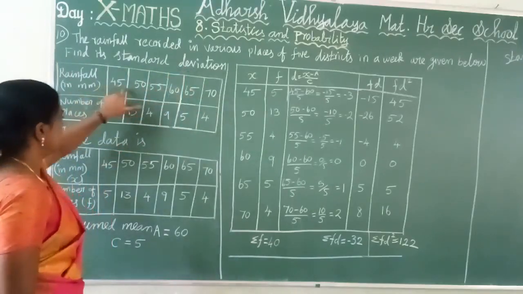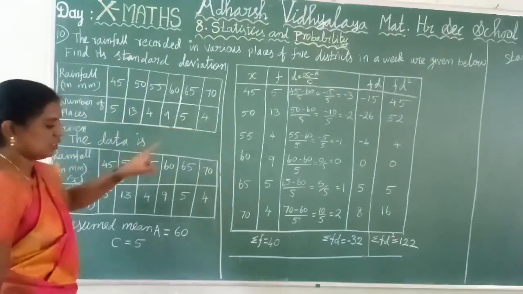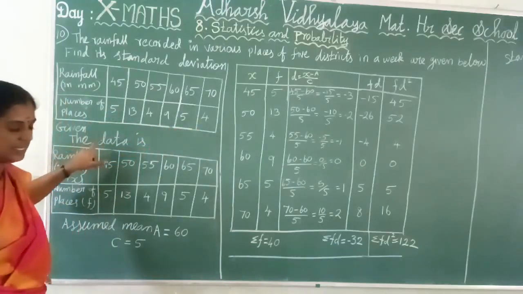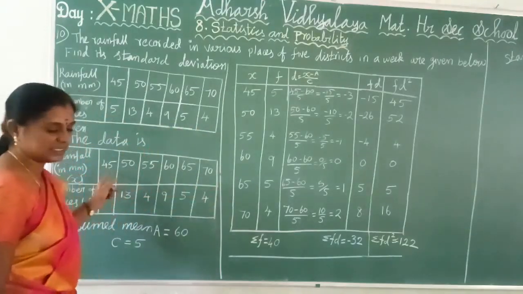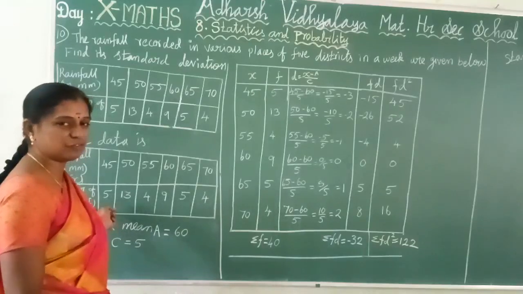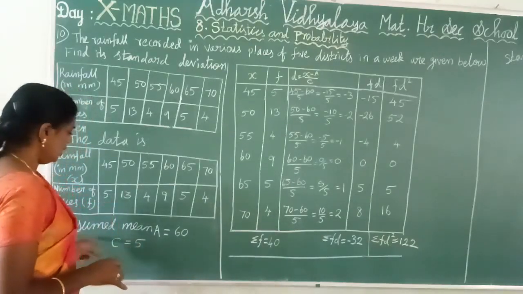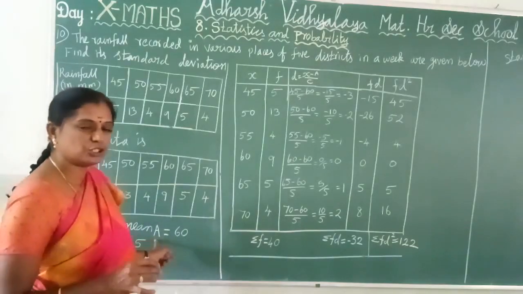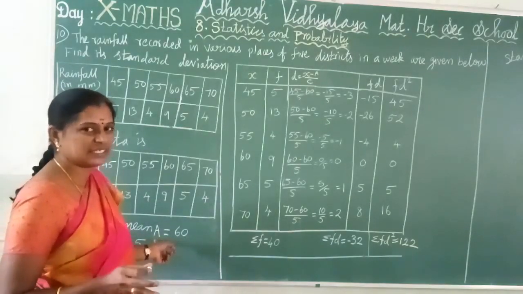So here ungrouped data with frequency are given. Again you write the given data: rainfall in millimeter is x, and the number of places is the frequency f. Already I told, for maximum questions use assumed mean, then you won't make mistakes.